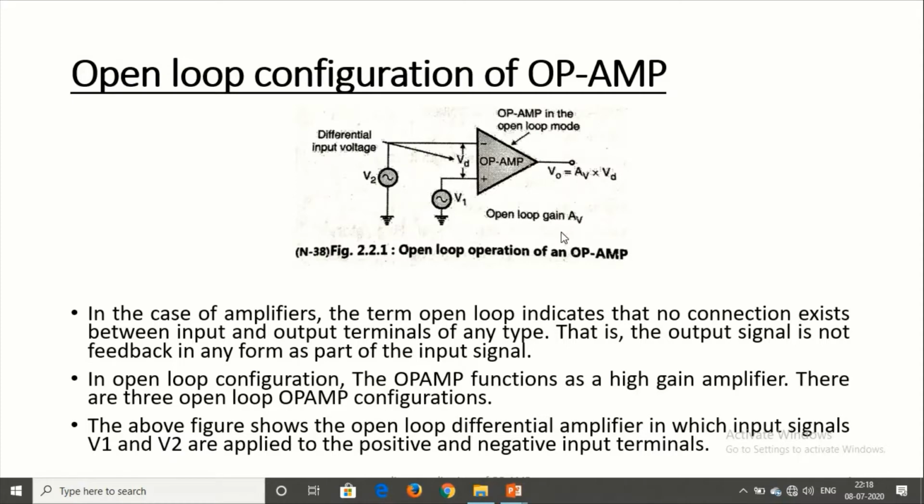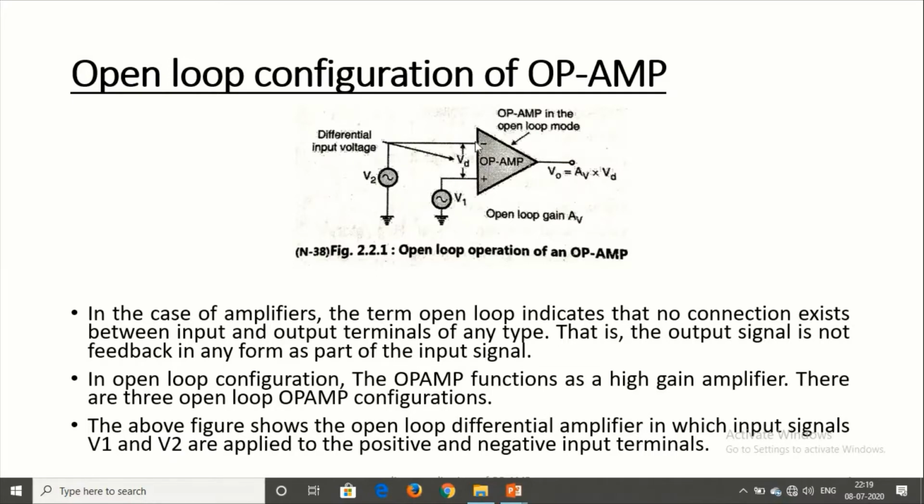AV is called the open loop gain. Its value is very high, and the output voltage is written as V output equals AV into Vd, where AV is the open loop gain and Vd is the differential signal, V1 minus V2. Depending on the polarity of Vd, the output voltage will be either equal to plus V saturation or minus V saturation.